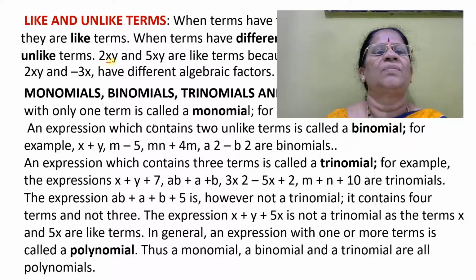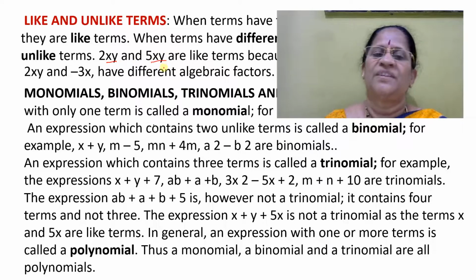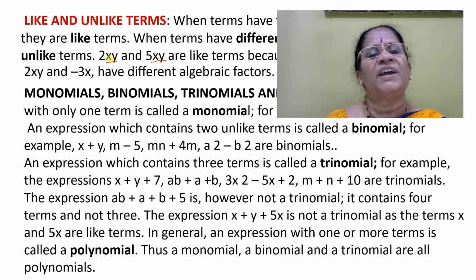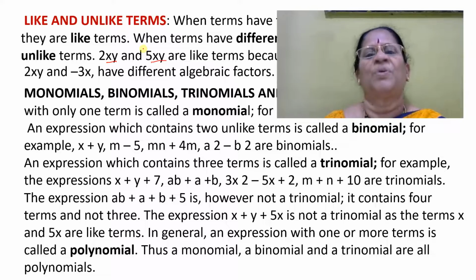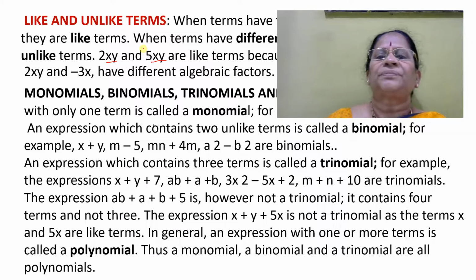We have the variable xy in both the terms. They are said to be like terms irrespective of their coefficients. They should have the same algebraic factors. If we go one step ahead, the variables should be the same with the same exponents. Okay.